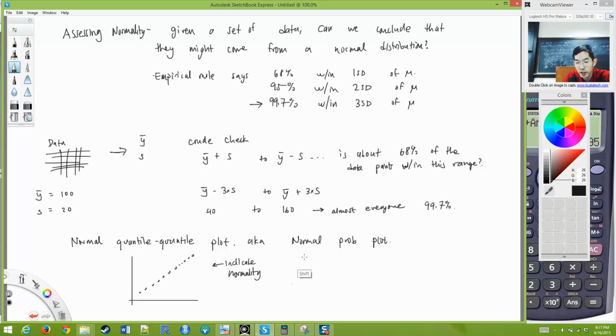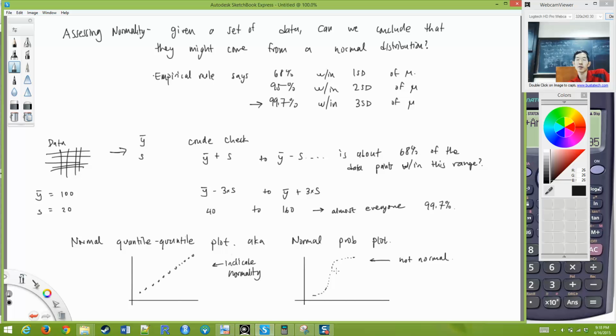And if you get anything that doesn't look like a straight line, so you get data that goes like this, okay, not normal. At this point, essentially, we're just eyeballing and doing rough approximations, or just rough ways of assessing normality.